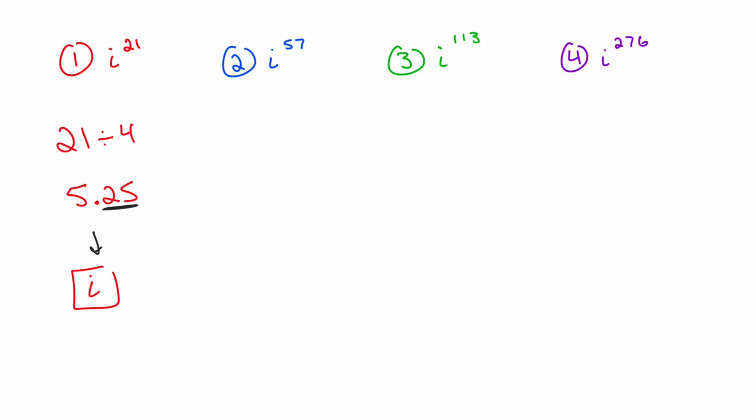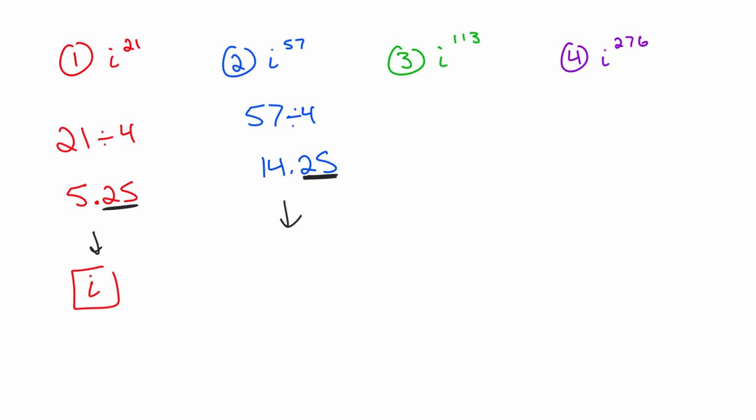57. I'm going to divide that by 4 in the second problem. And that's going to be equal to 14.25. Again, all I care about is the decimal. The remainder is 0.25. That means it had a remainder, if I use long division, of 1.